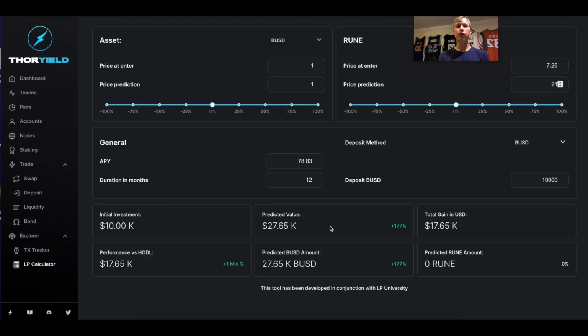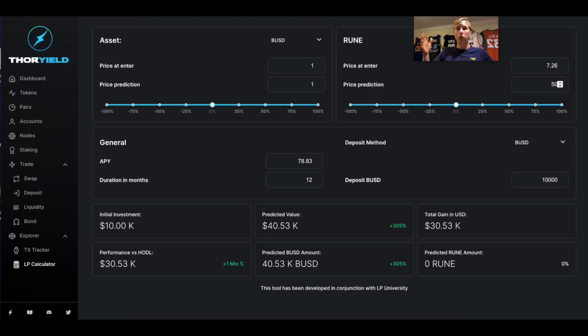Now, let's say, for example, ThorChain goes to $50. If it goes to $50, you will now have 40K. Now, that is only a 4x on your investment relative to the 3x. Obviously, this is where impermanent loss is going to hit you like a stack of bricks, whatever you want to call it.